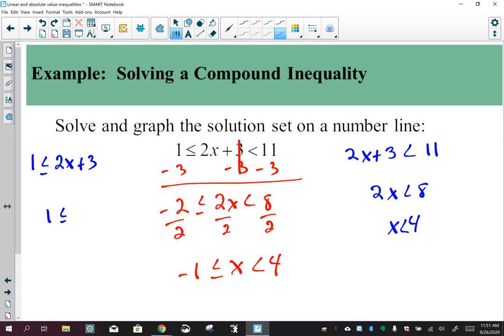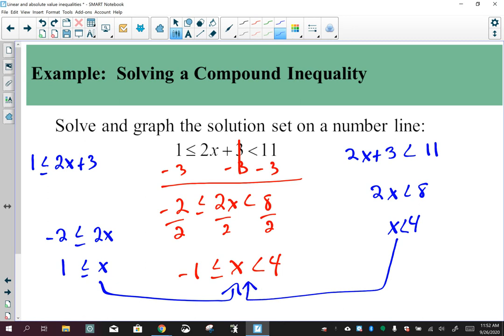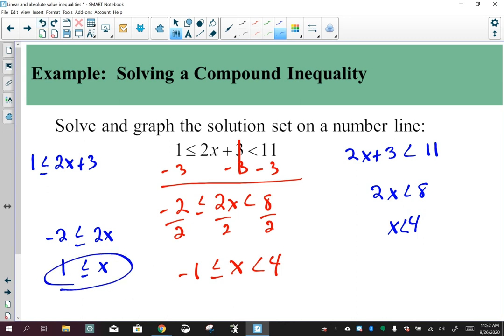The only difference I would say here is I would leave the problems how they are. I would not put the x's on one side, because when you're finished, you have that. If you have 1 is less than or equal to x, and then x is less than 4, when you put them back together, you will notice that it's a lot easier and cleaner just to bring them together in this format, because you're just sliding this piece and that piece, with the negative sign.